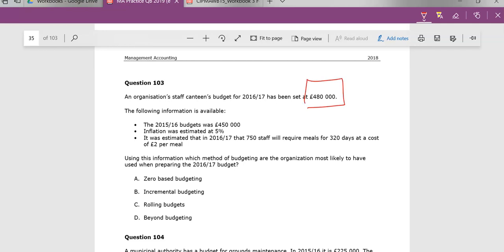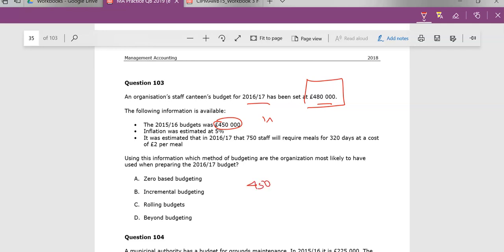I'm sure you're doing the questions before you approach these, so you're just checking your answer. It's been set at 480,000. It's telling us what last year was, and then they give us incremental and zero, and ask us to figure out which one they used to arrive at this figure. Let's look at the incremental first.